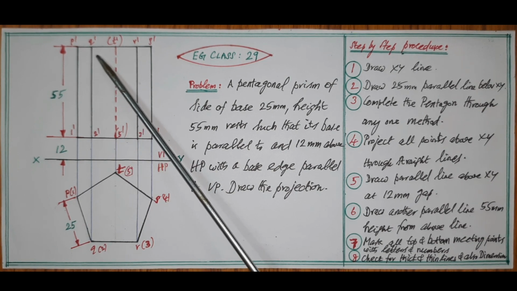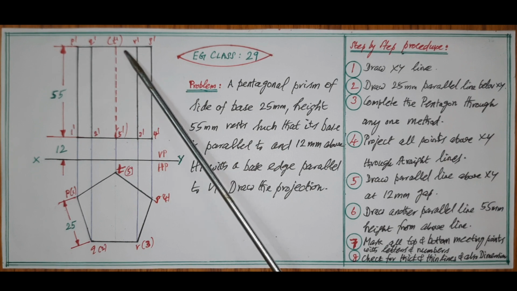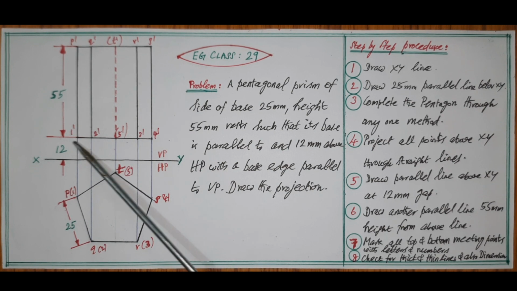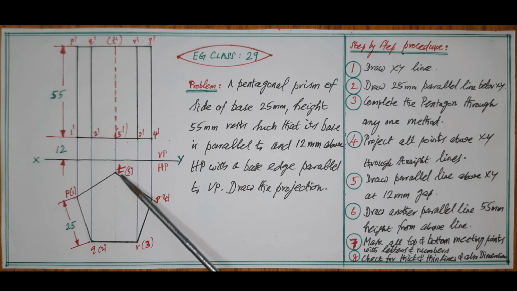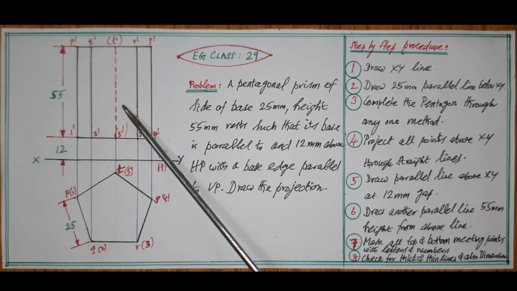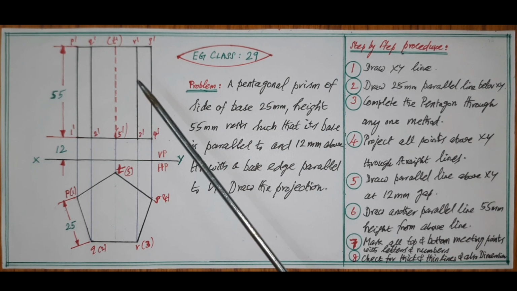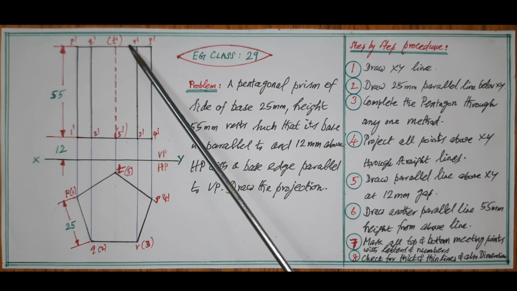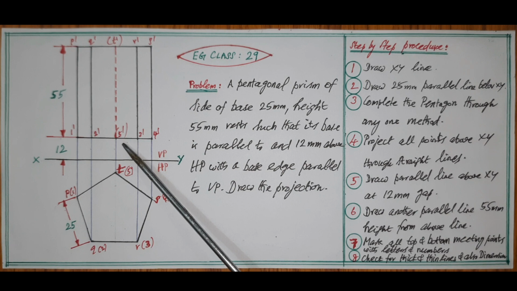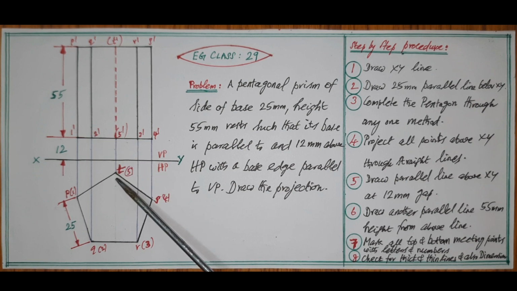Here P, Q, R, S, T related are all at the top base and 1, 2, 3, 4, 5 related are all at the bottom base. So ensure the corresponding points are marked in front view based on top view, that is T dash and 5 dash have come at the middle in front view based on the T and 5 corners at top view.